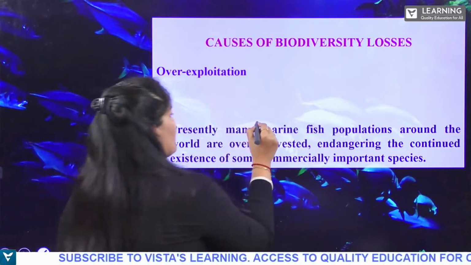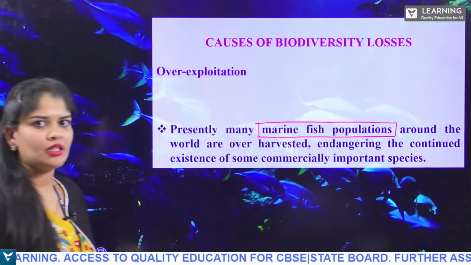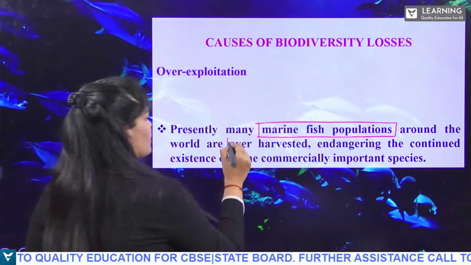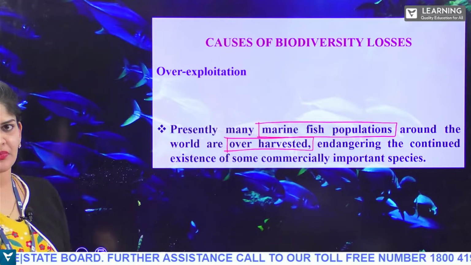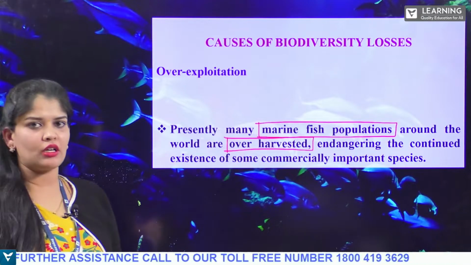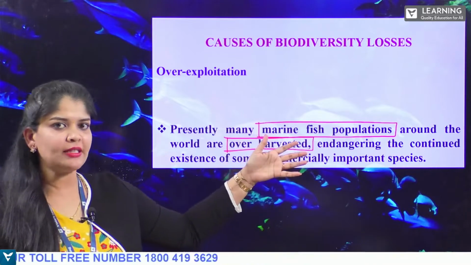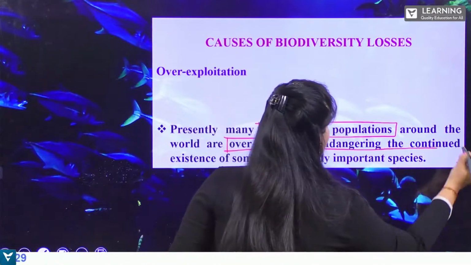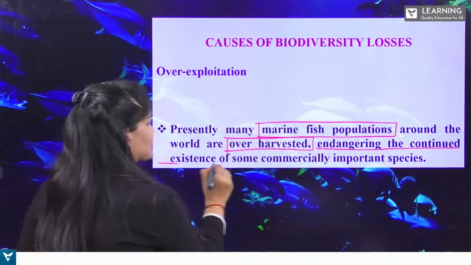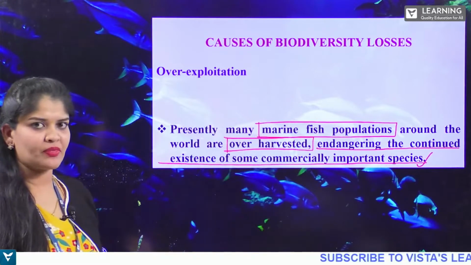Presently, many marine fish populations around the world are over-harvested. It means the catching of these marine fish populations is happening in such a way that it is leading to endangering the continued existence of some commercially important species.